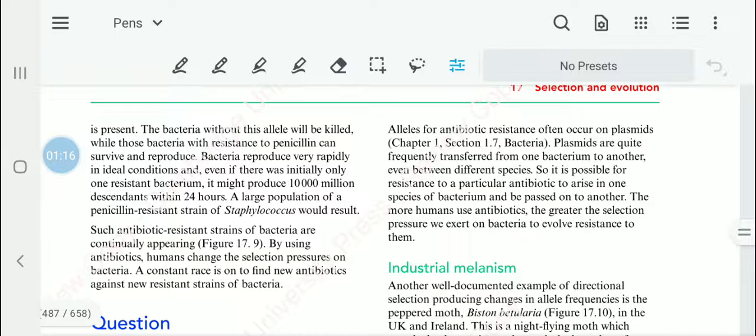Antibiotic resistance develops faster when more humans use antibiotics, resulting in greater selection pressure on bacteria to develop resistance to them.